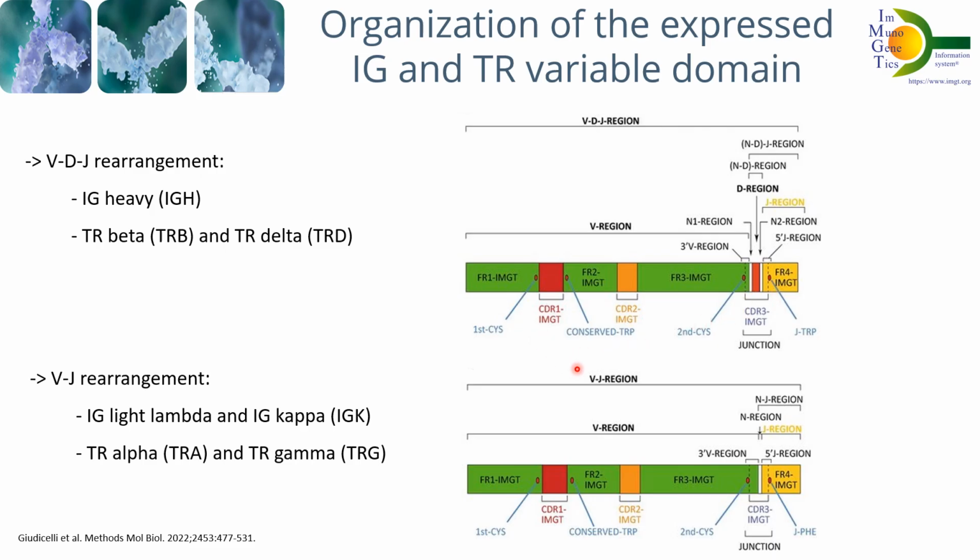The CDR1 and CDR2 IMGT are encoded by the V region, whereas the CDR3 IMGT results from the VDJ or VJ rearrangement. The junction encompasses the two constant amino acids, the second cysteine at position 104 and the J-tryptophan or J-phenylalanine at position 118, with the CDR3 between including the N regions from the N diversity.